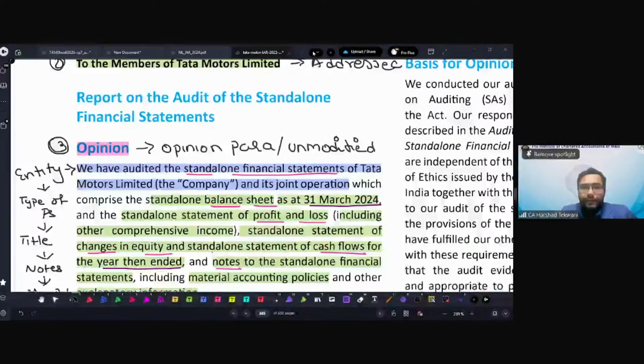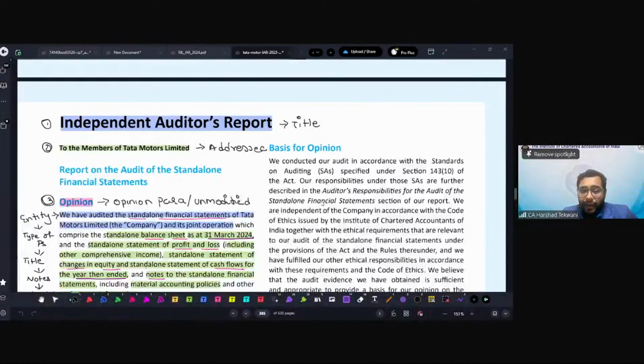let's understand further what is the next thing that we are required to do. Is everyone clear with this opinion paragraph, how it is structured, how it is drafted? Now the second thing, subsequent to the opinion paragraph, the fourth paragraph, is the basis of opinion paragraph.